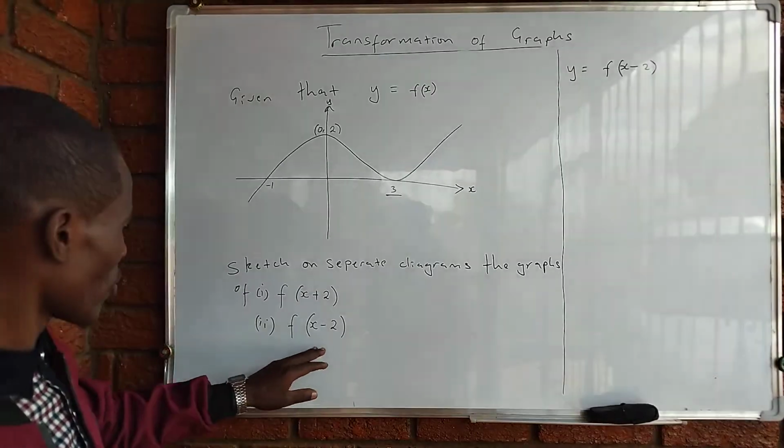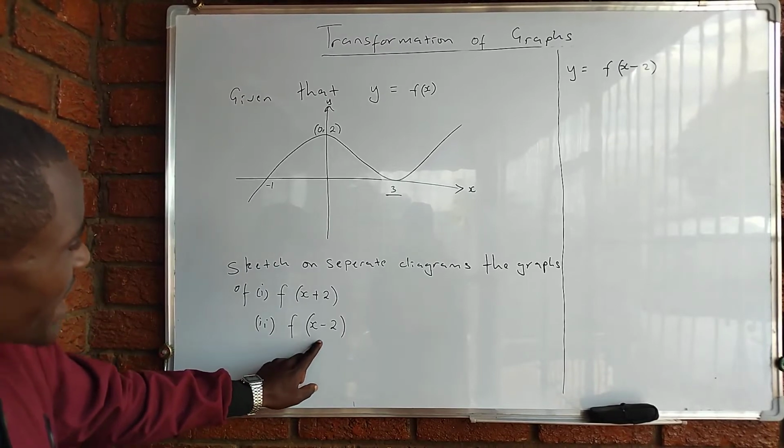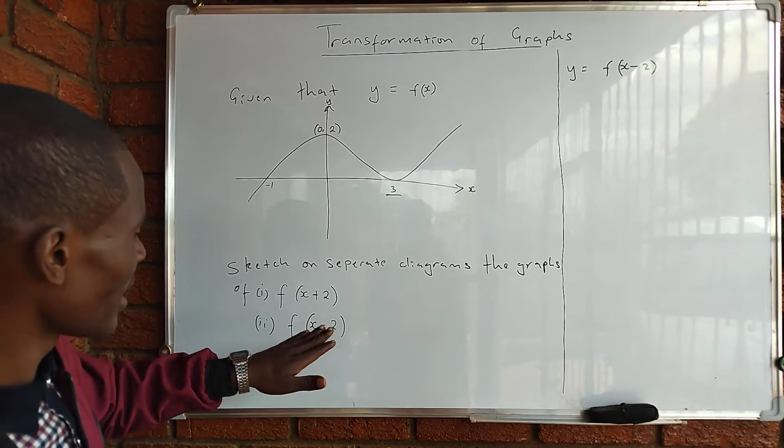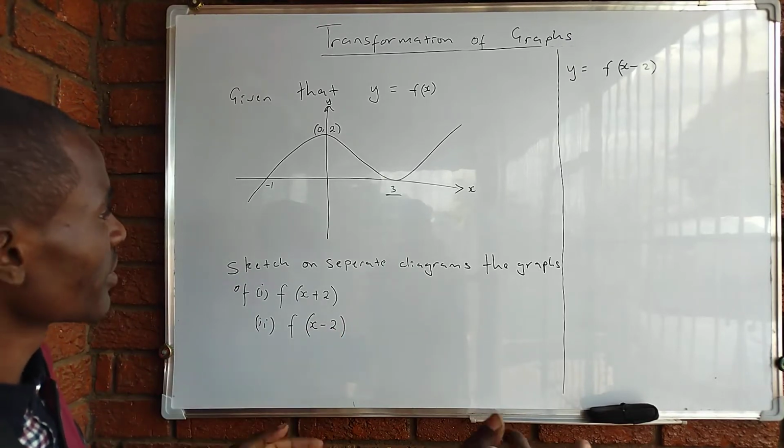Then item 2, f of x minus 2, right? This is a translation of 2 units rightwards, in the positive x direction.